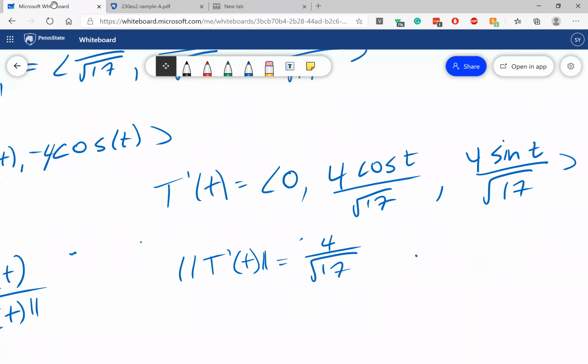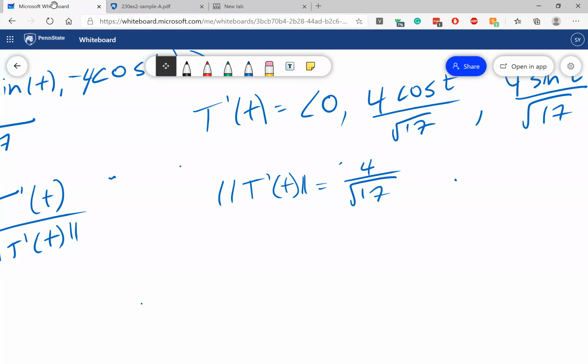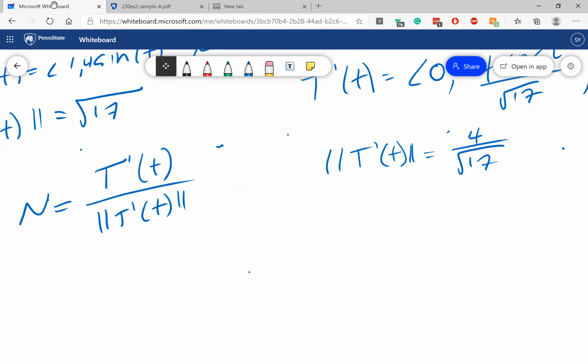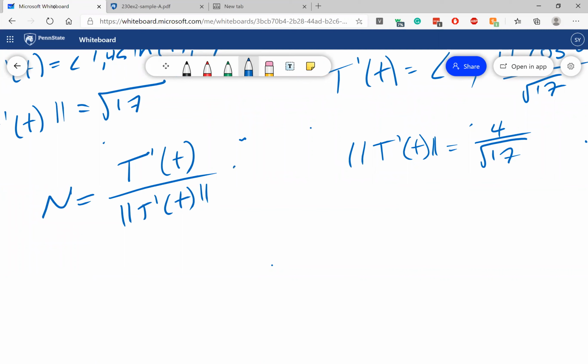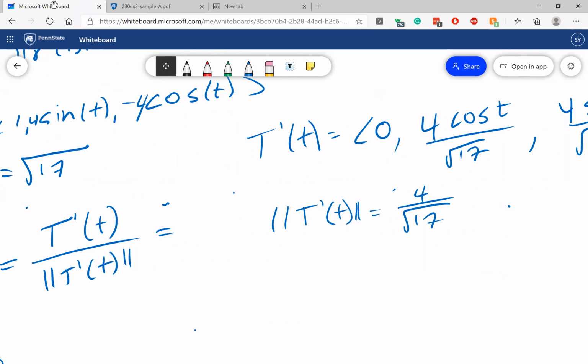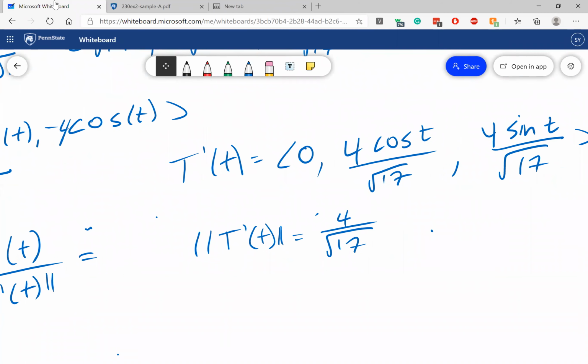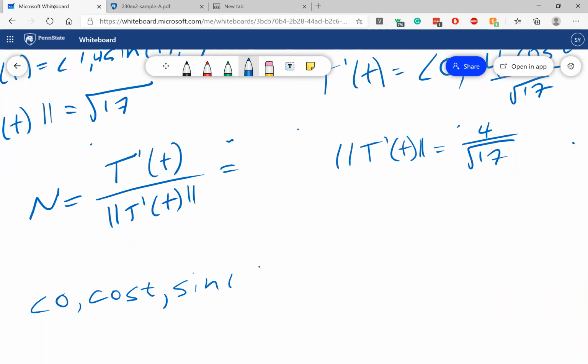So now N is equal to 0, and when we divide, the 4 and the square root of 17 cancel, so we get cosine of t and sine of t. This is equal to our N of t. Any questions about this?